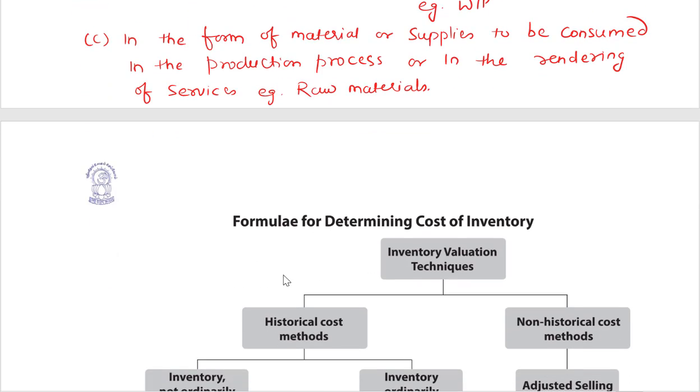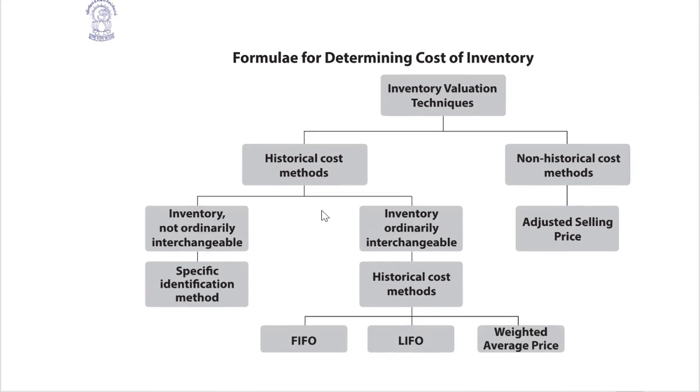Let us see the formula for determining the cost of inventory. So inventory valuation techniques, we have historical cost method and non-historical cost method. Historical cost method is divided into two subheads. Inventory not ordinarily interchangeable: we have specific identification method.